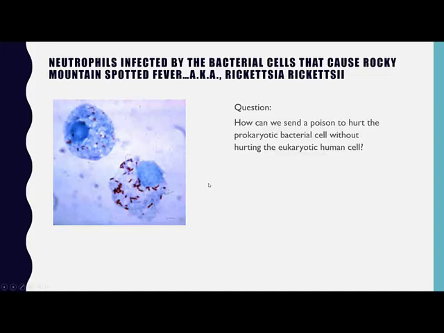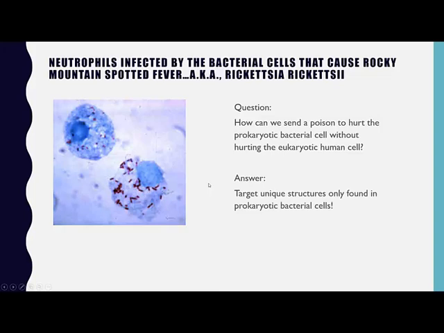How about a question? Oh, we're back to those little Rocky Mountain spotted fever bacteria known as rickettsia, and they're hiding inside of our neutrophil. This is us in blue. How can we send poison to hurt the prokaryotic bacterial cell without hurting the eukaryotic human cell? Again, these antibiotics are poisons.